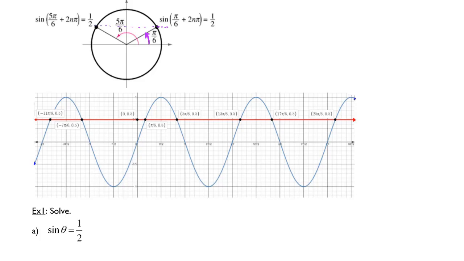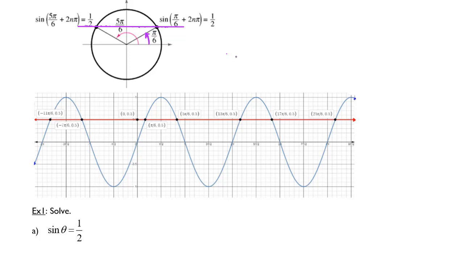And we know that the angle on the unit circle that will give us a height of 1/2 is at pi over 6 and at 5 pi over 6. Those are the two values for which we will get a height of 1/2.